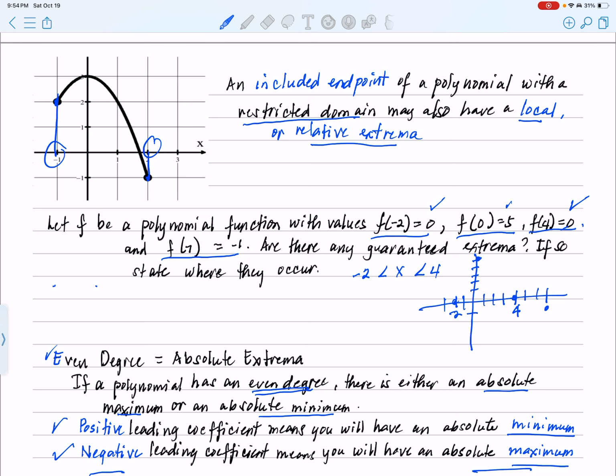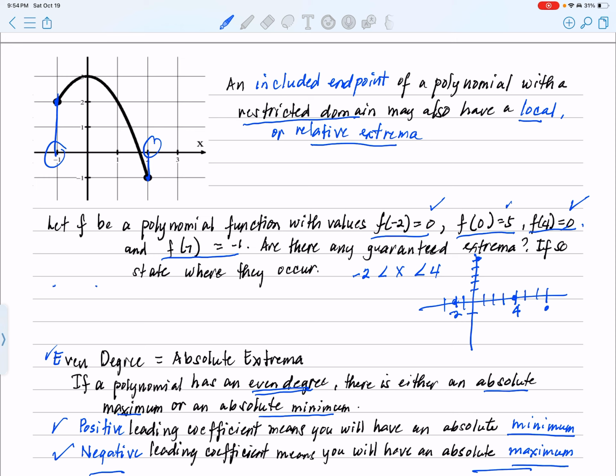So we can find an extrema. Okay? So what would that extrema be? It can be a minimum or a maximum value.